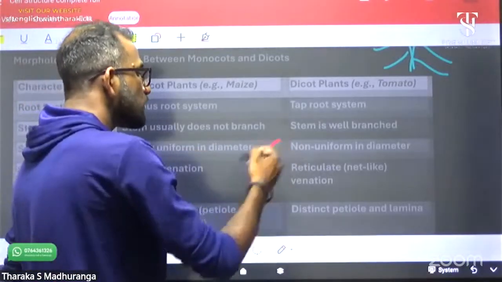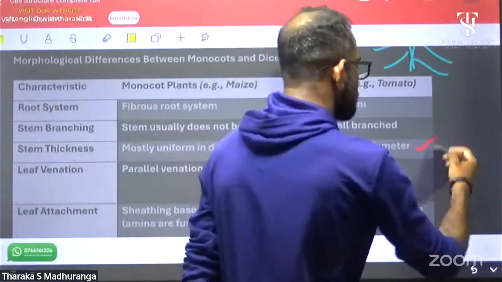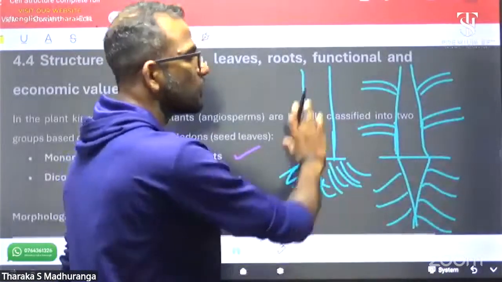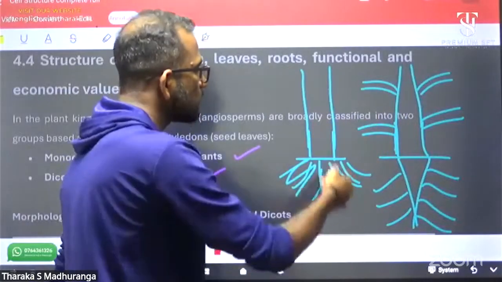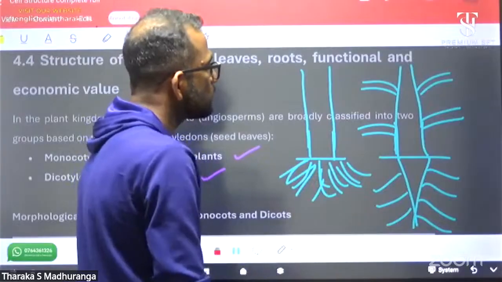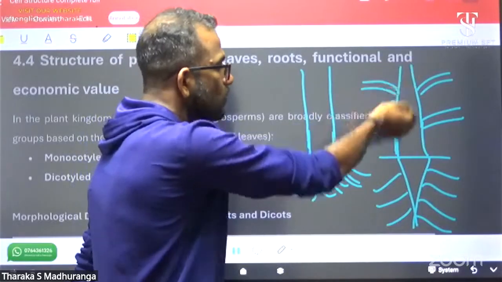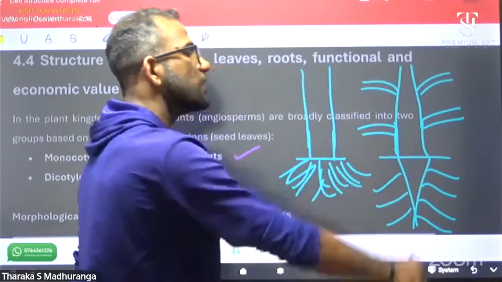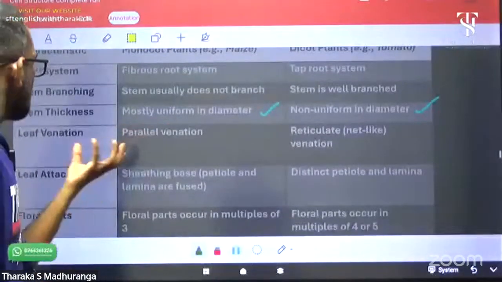Monocot stems have mostly uniform diameter; dicot stems do not. That's a difference. From these two diagrams you can understand all the differences. Coconut has the same diameter, a fibrous root system and no branches. Dicots have branches, not the same diameter, and a taproot system.